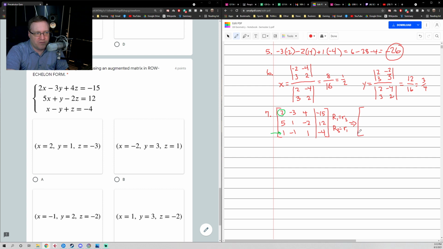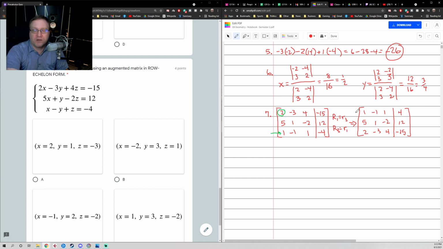How do we do it? We're just going to switch them. So 1, negative 1, 1, 4. Then 5, 1, negative 2, 12. And then 2, negative 3, 4, negative 15. All right? So that's our first row operation. We just switched those 2 rows, and we did it.